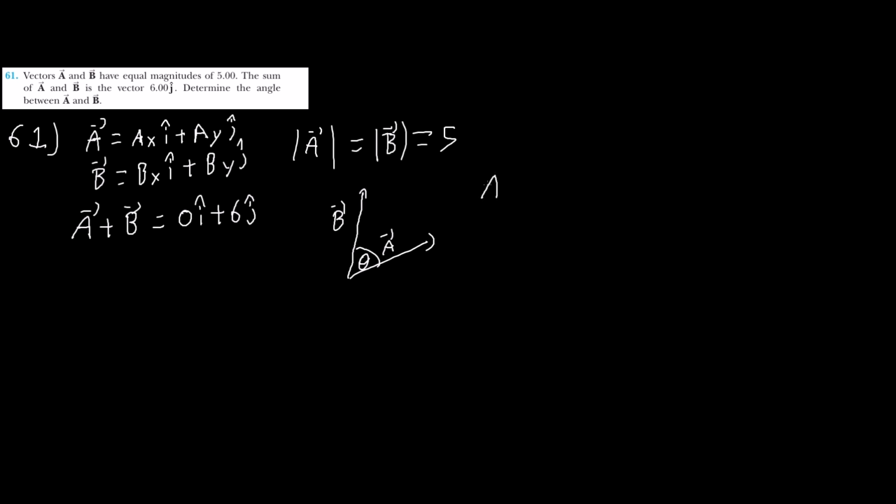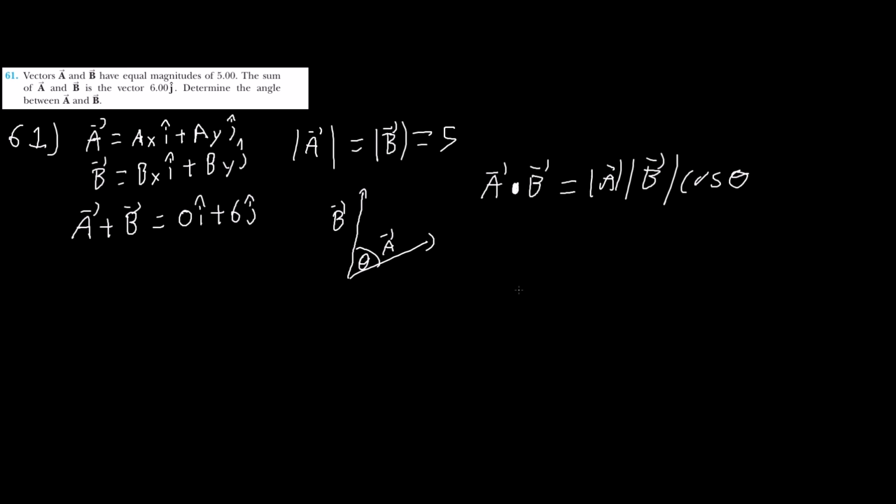But let's draw this. So A dotted with B equals the magnitude of A, the magnitude of B, cosine of the angle between these values. And if they have equal magnitude, we're just going to be focusing on what A dot B is.